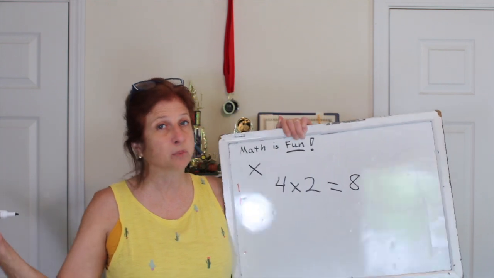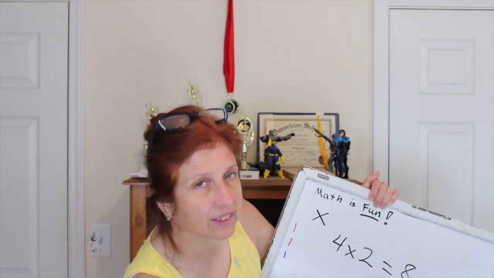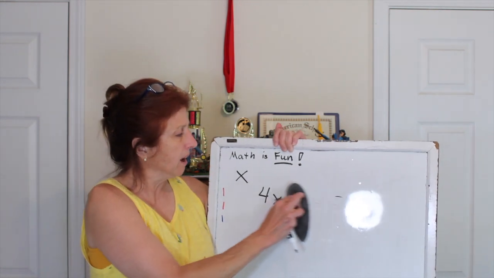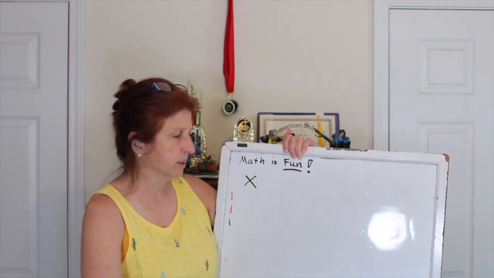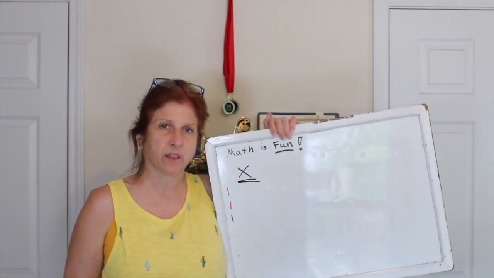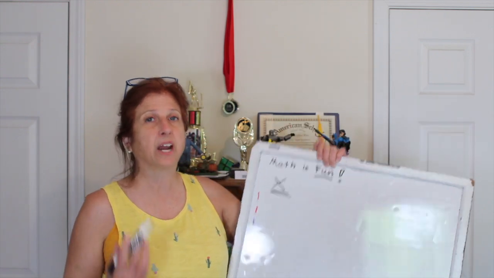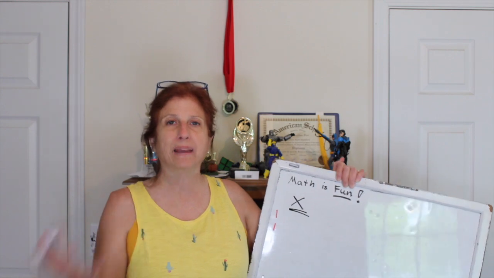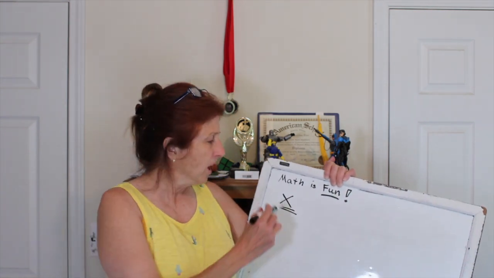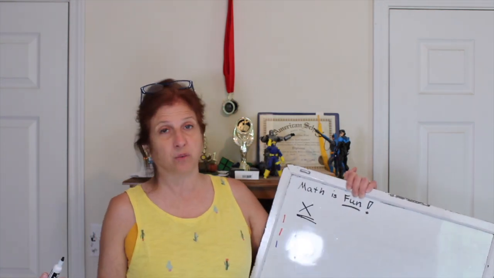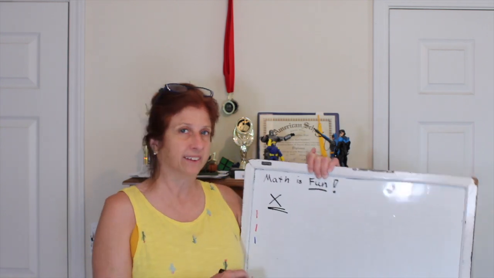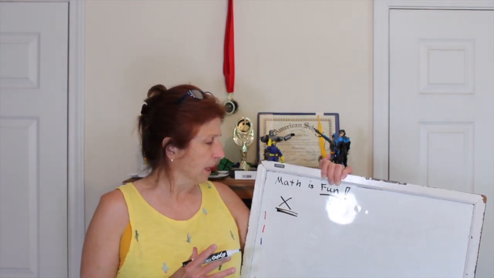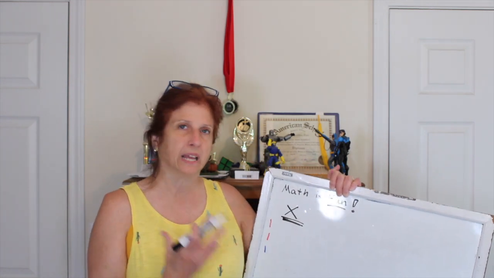Well, now we're in algebra, and this can't be times anymore, because now it's going to stand for something that we don't know. It's a variable is what it's called, and it's because it varies what it stands for. Later on we're going to solve and figure out what x is, but for now, for a long time, it will just be unknown.